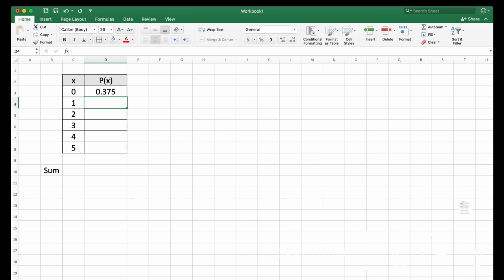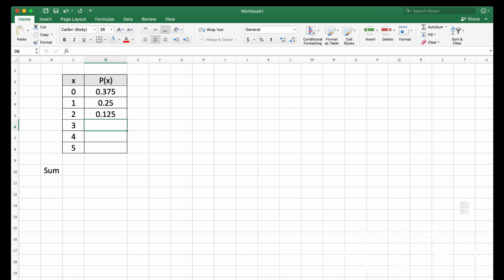Okay, so let me fill the rest of this in. What's the chance that somebody has one child if you select somebody? That's 0.25. And let's make sure it's 0.25. What's the chance that somebody has 2 children? Well, that's going to be point what? 125. What's the chance somebody has 3 children?